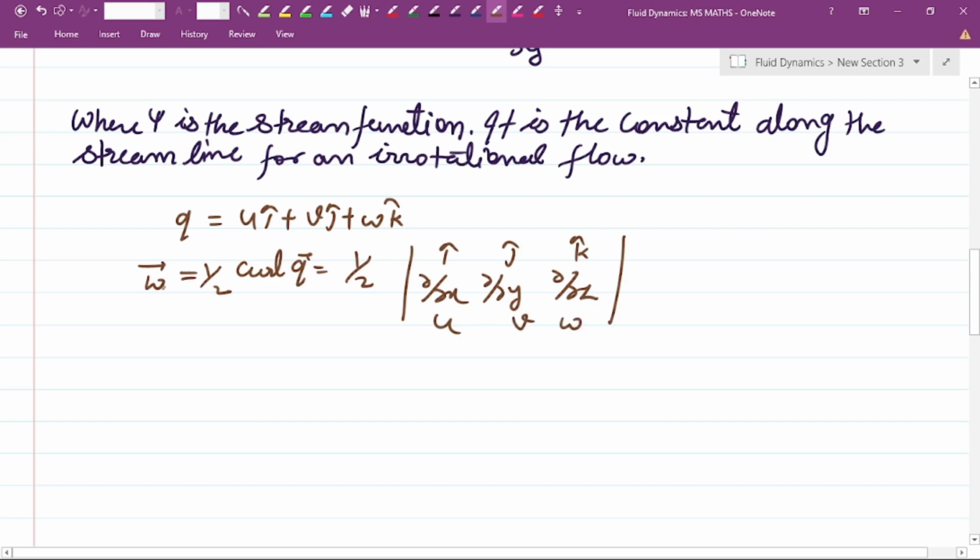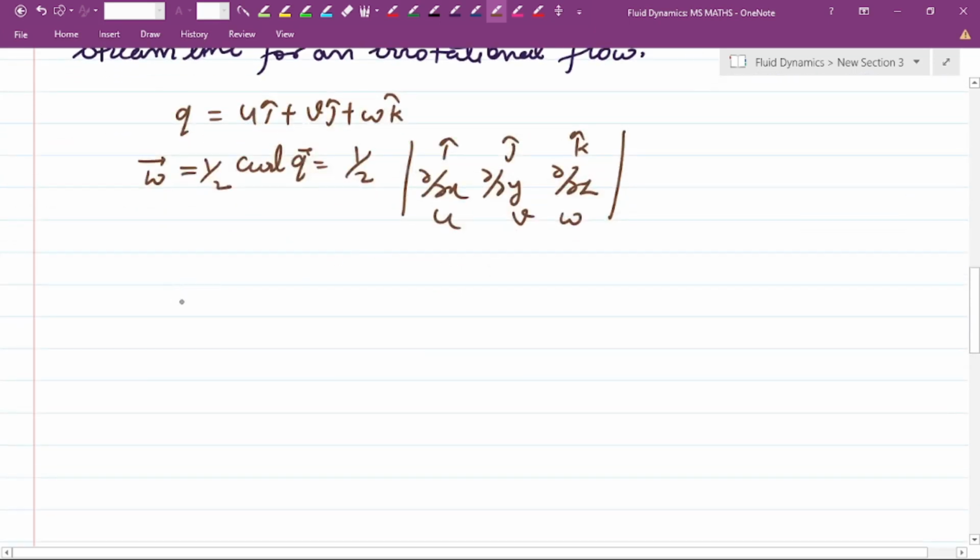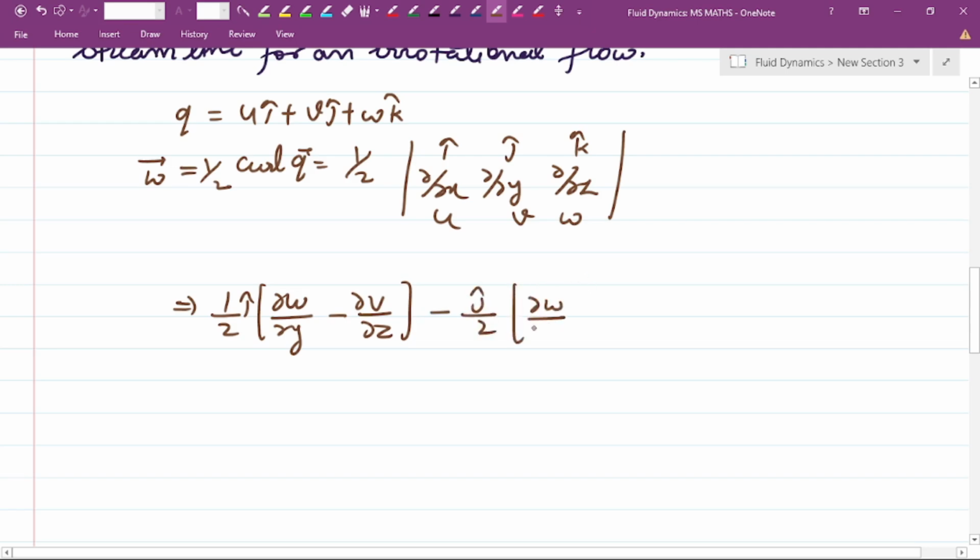This w is the component and this omega is the angular velocity. So it is basically 1 by 2 i cap times dou w by dou y minus dou v by dou z, minus j cap by 2 times dou w by dou x minus dou u by dou z, plus k cap by 2 times dou v by dou x minus dou u by dou y.